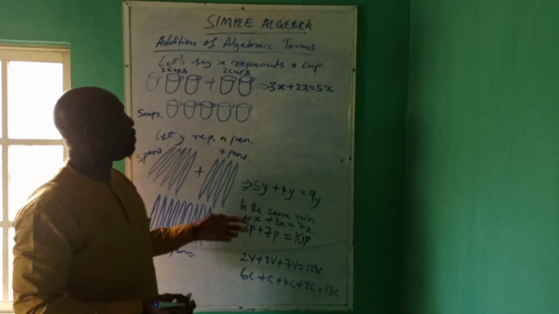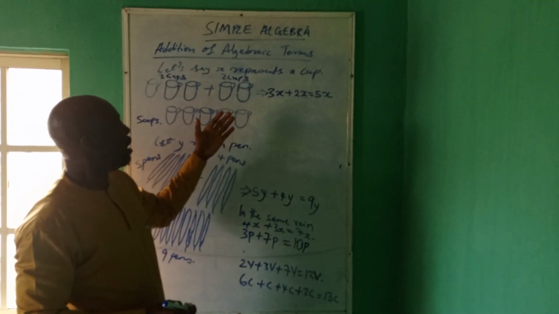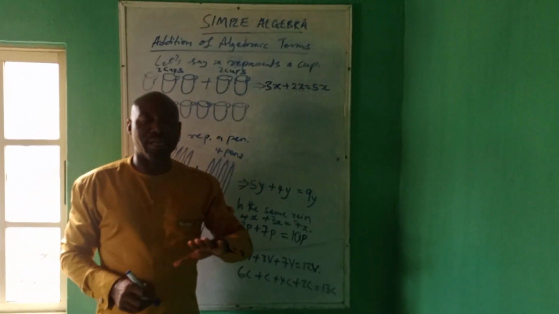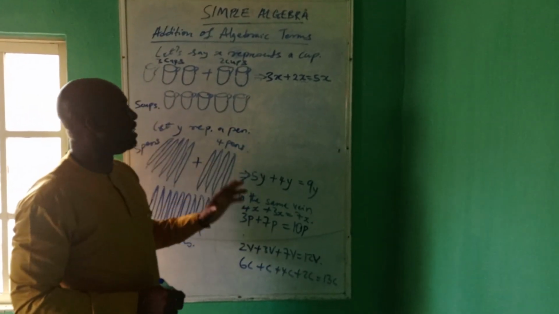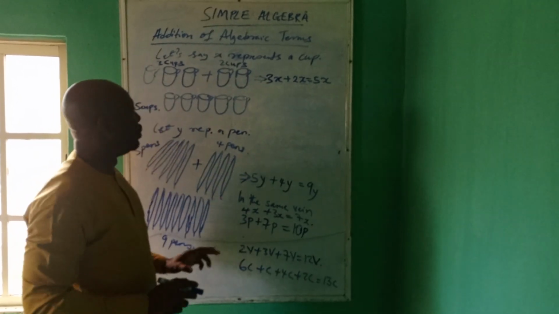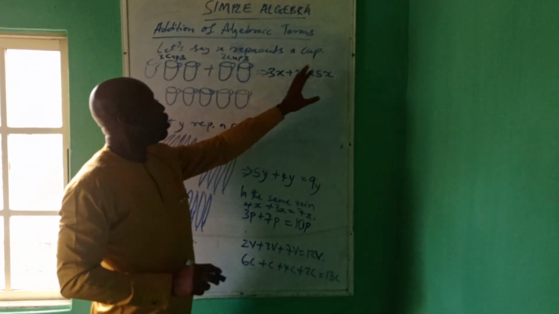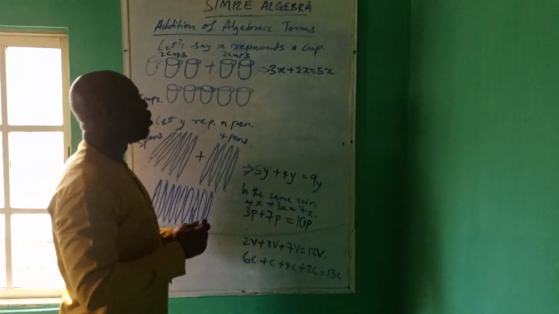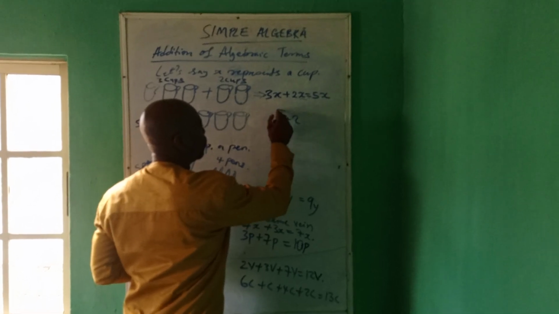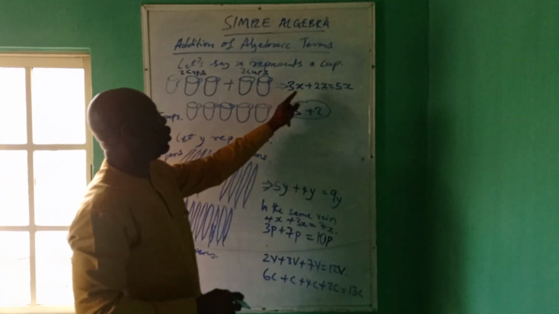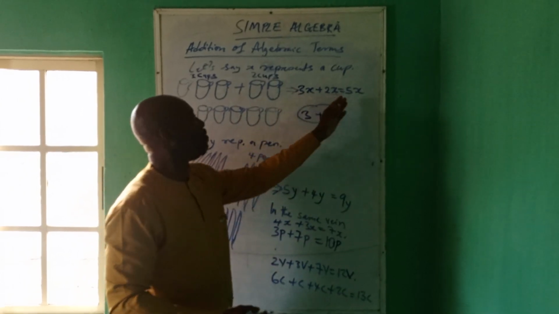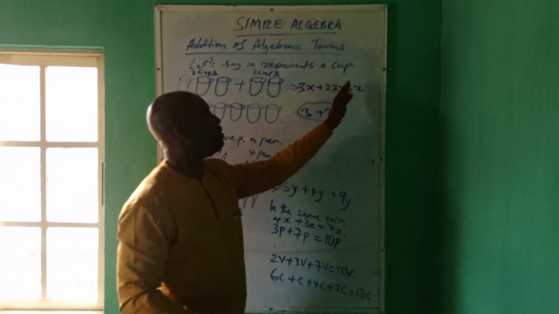There's nothing there, provided you follow what I'll be teaching you in my maths videos in this channel. You will find that mathematics becomes very easy for everyone. So this is 5x. The main thing you do is just 3 plus 2, which gives you 5. So since you're adding x, it becomes 3x plus 2x, that is 5x.